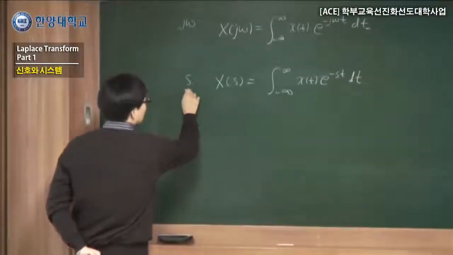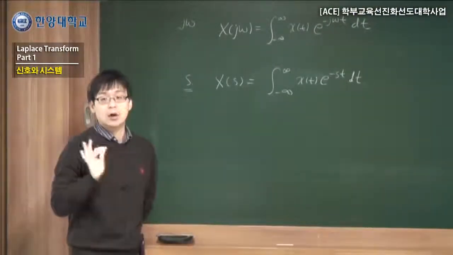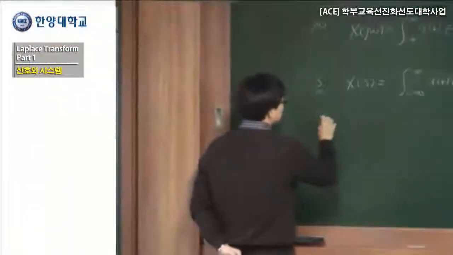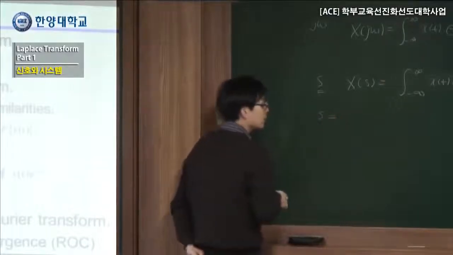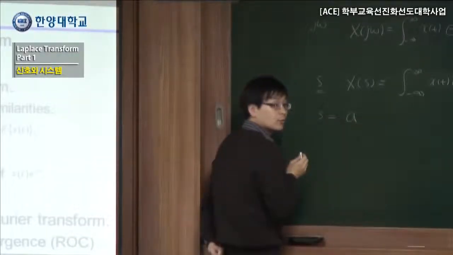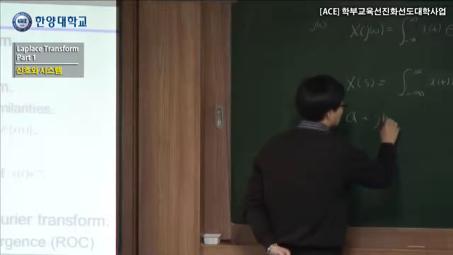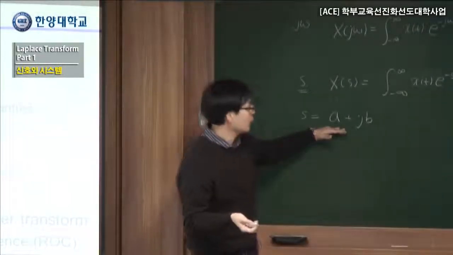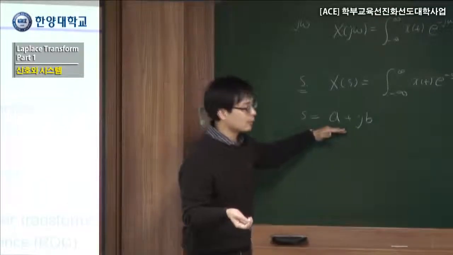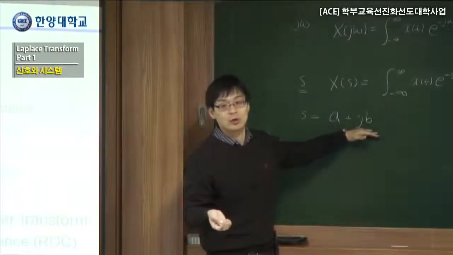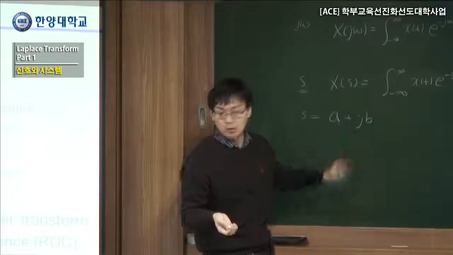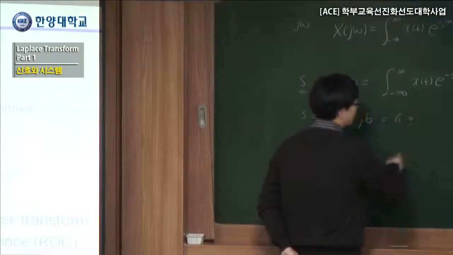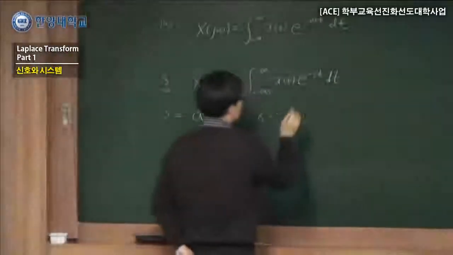In s, this s is a complex value. So you can divide it into a purely real part and a purely imaginary part, because it's a complex value. So let's define them as delta like this.